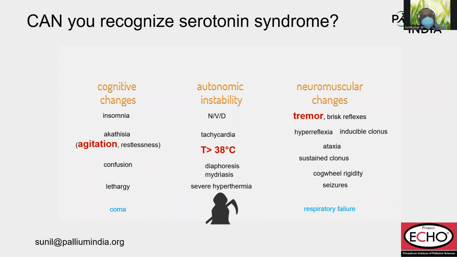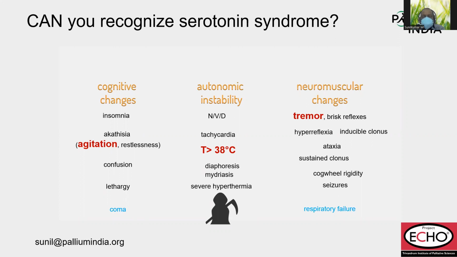And in autonomic instability, you can see the patient will have fever, mydriasis, hypothermia, tachycardia, nausea, vomiting, etc. So all the symptoms of autonomic instability. And neuromuscular changes, it can range from tremor to seizures.